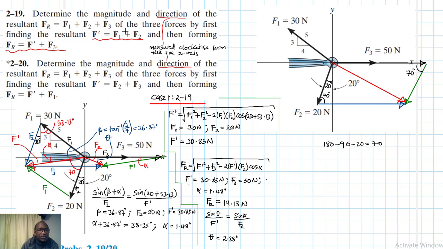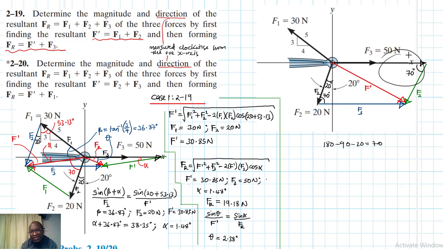What else do we have? This one here is F prime, this one here is F3, and this one here is F2. Of course, this is F2 and then this is F3. So we have two triangles, this and this.